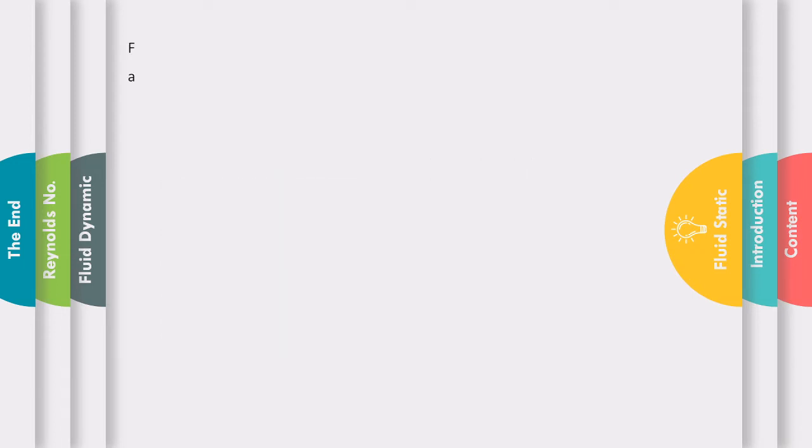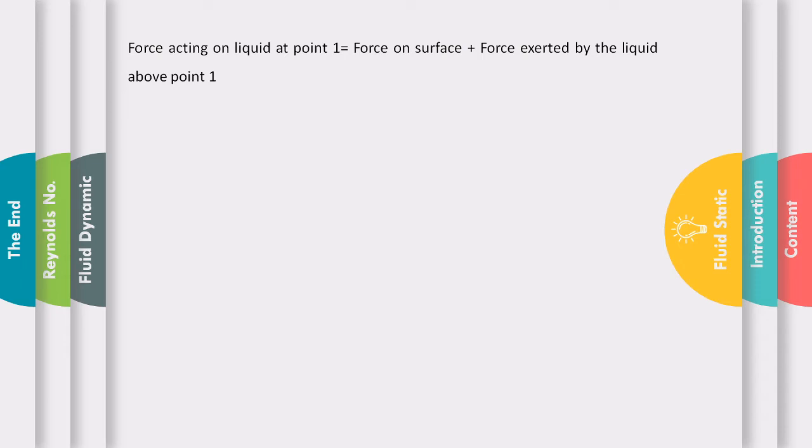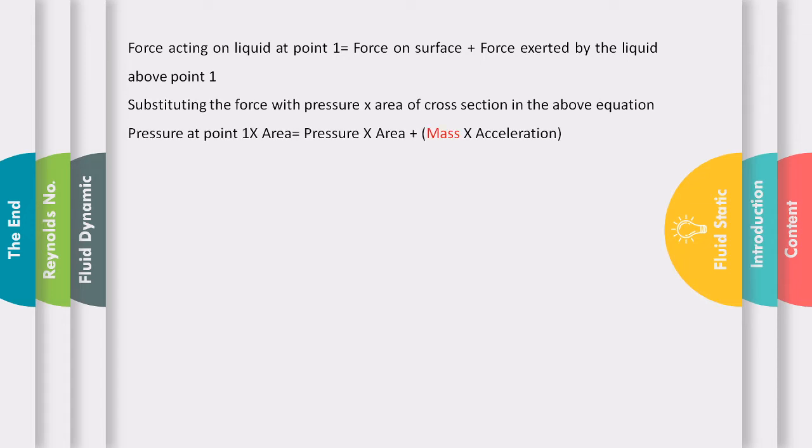Now we'll determine the pressure difference at these two particular points. We can write force acting on liquid at point 1 equal to force on surface plus force exerted by the liquid above point 1. Substituting force with pressure into area of cross section, we can write pressure at point 1 into area equal to pressure into area plus mass into acceleration.